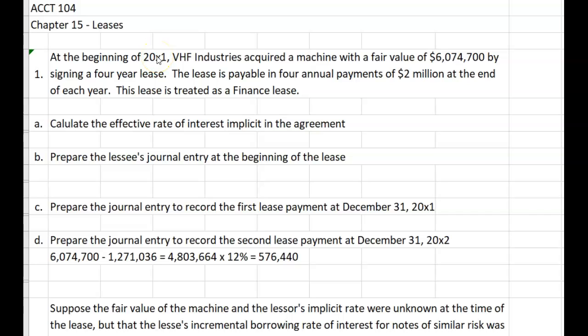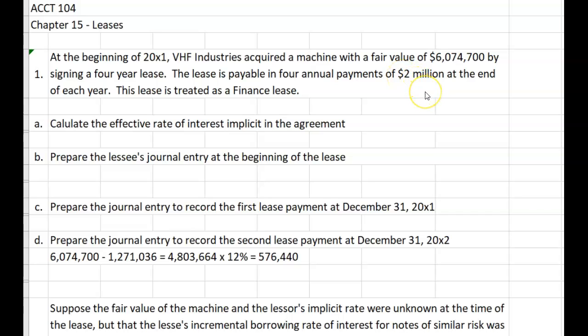The first thing you need to do is calculate the effective rate of interest implicit in the agreement. I'll give you a couple of hints. You need to calculate a factor, and that factor is calculated by dividing $6,074,700 by one of the $2 million payments.